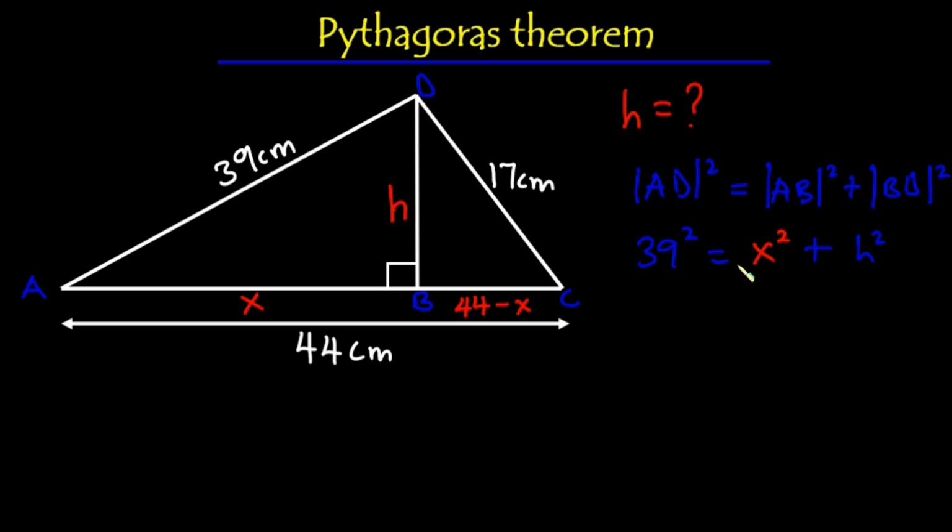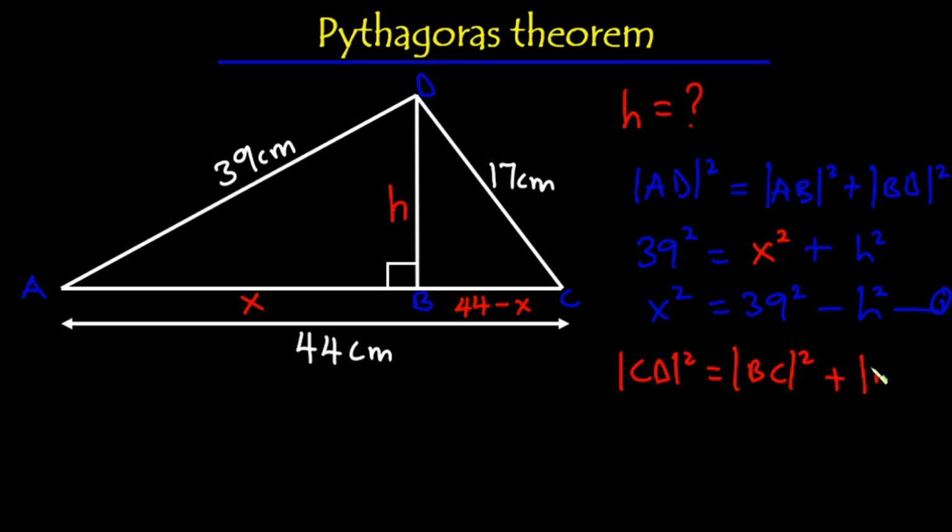Now let's go ahead and make x squared the subject from this equation. So we have x squared is equal to 39 squared minus h squared, and we call this equation 1. Now let's consider right-angled triangle BCD. From this right-angled triangle, we can have the length of CD squared is equal to the length of BC squared plus the length of BD squared.